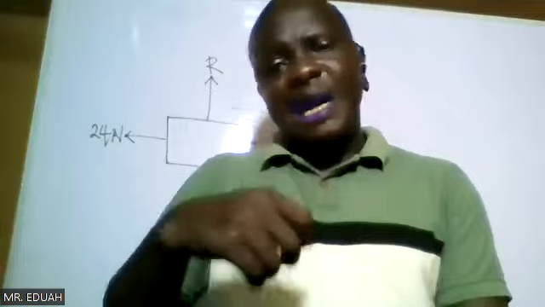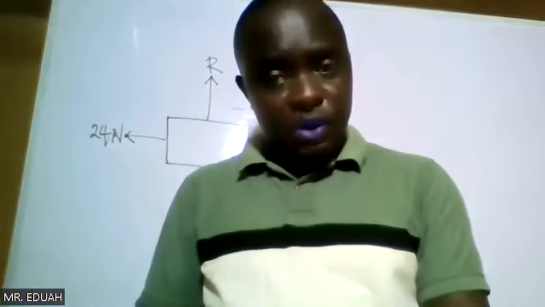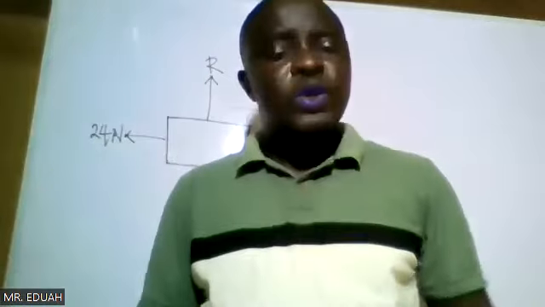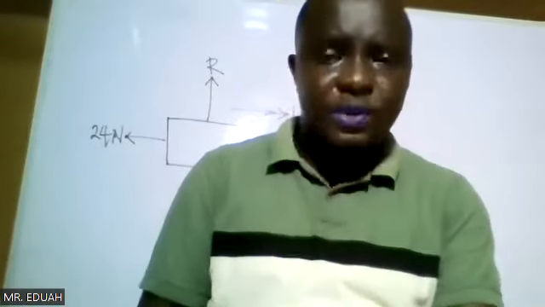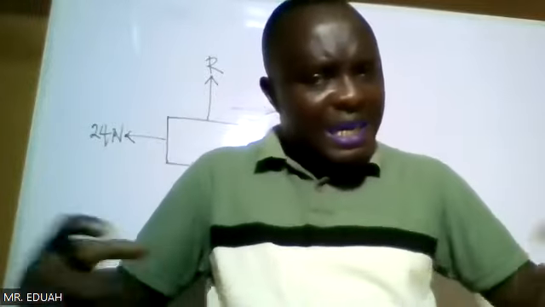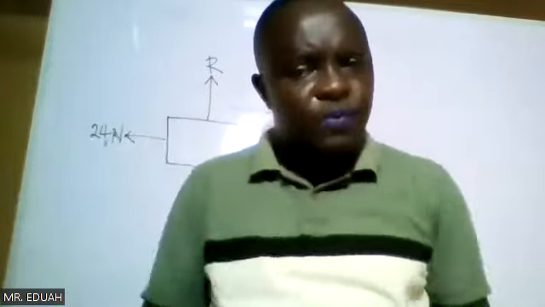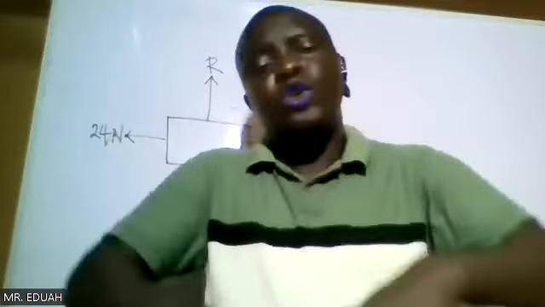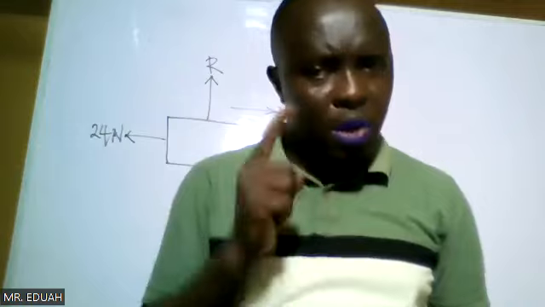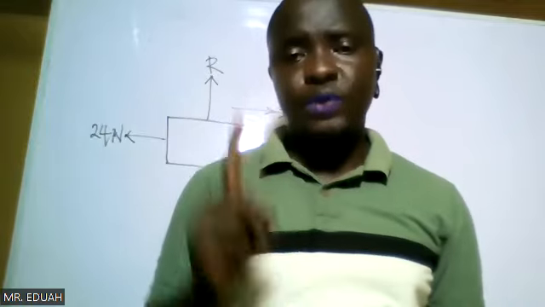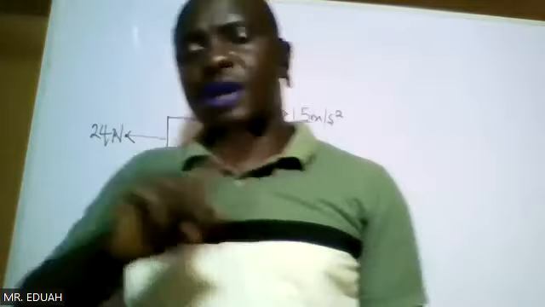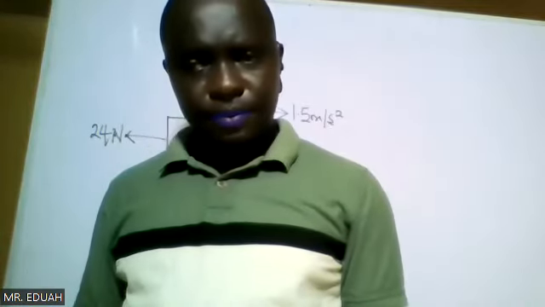Now, when the body is acted on by an external force, it will now accelerate. So every acceleration requires an external force. The external force must not be zero. The resultant force must not be zero. The net force must not be zero, so long as there is acceleration. And this is an application of Newton's second law of motion.